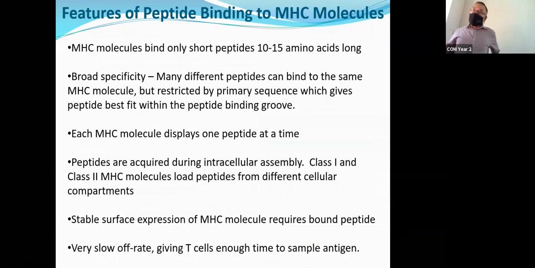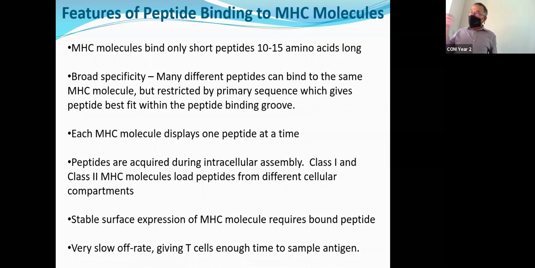So all our cells are expressing thousands of these MHC molecules. And each MHC molecule can be presenting a different peptide. But the rule is that each MHC molecule can only express one peptide.